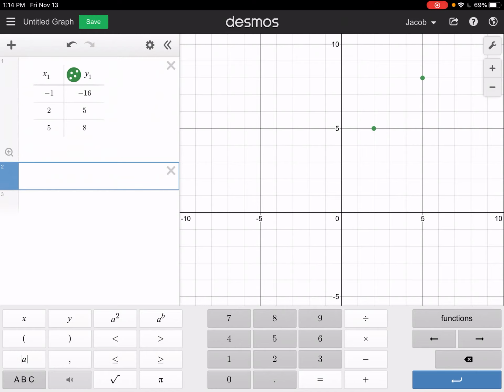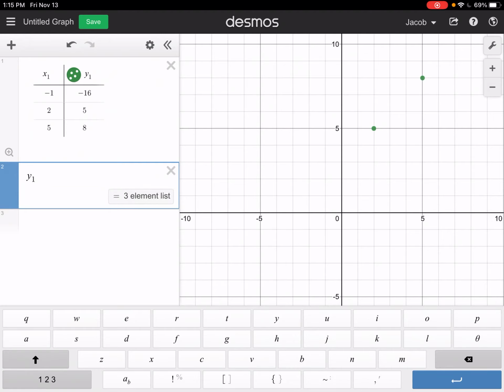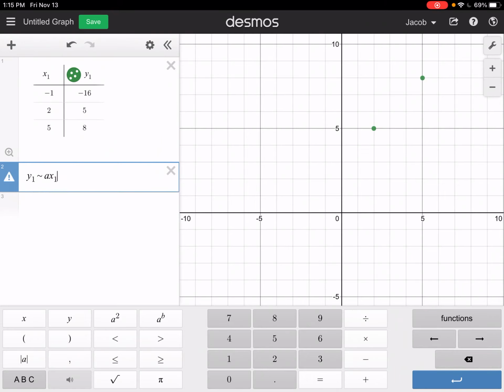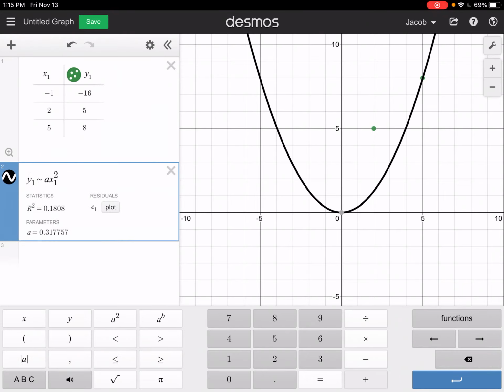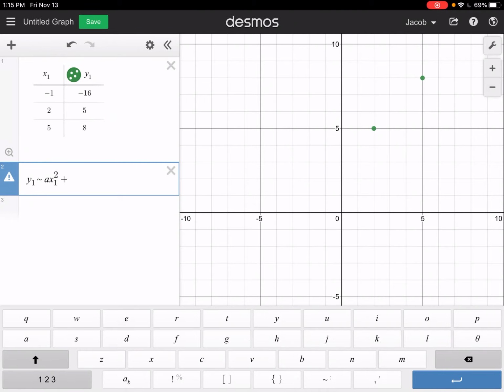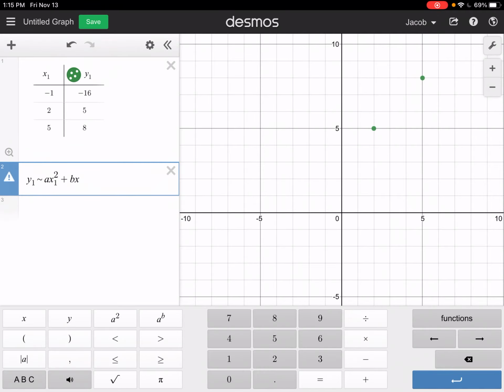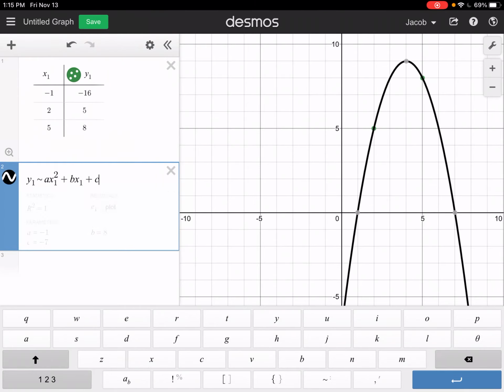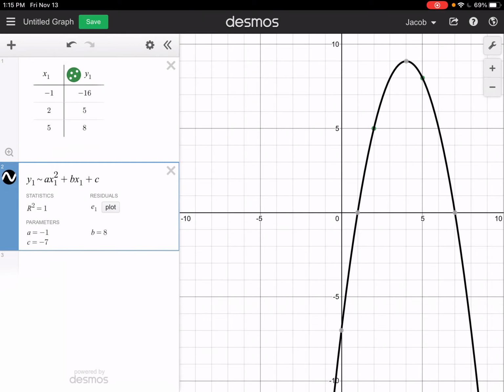Once you do that, you have to type this in. You have to go y1, and then you have to do approximately equals to, find that squiggly sign, ax1 squared plus bx1 plus c. Once you do that, it'll give you your parameters for a, b, and c.